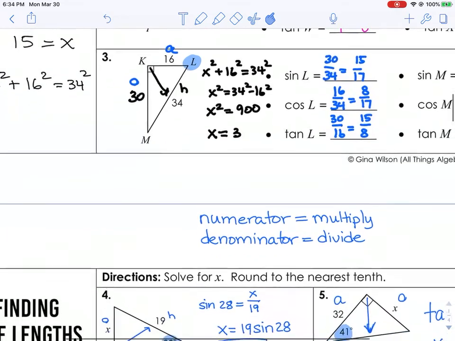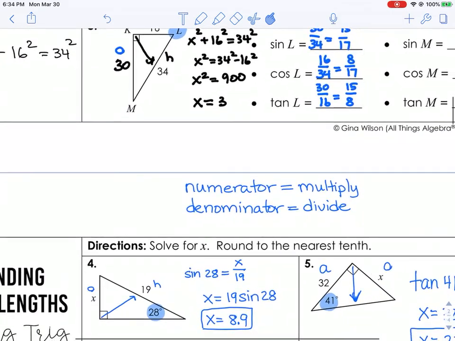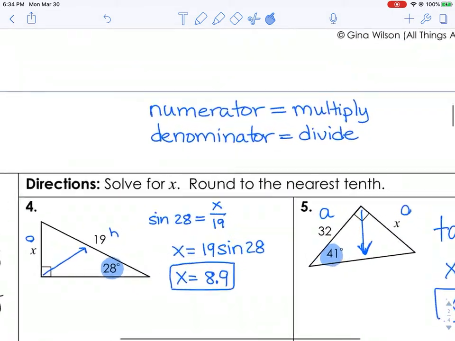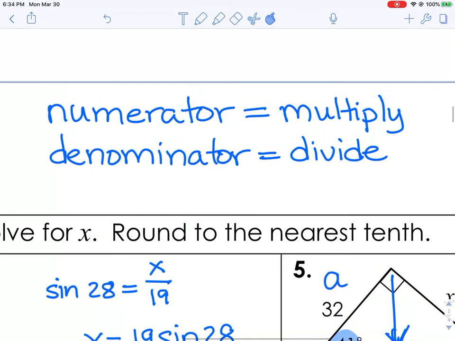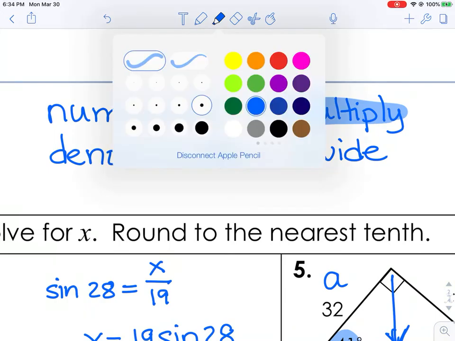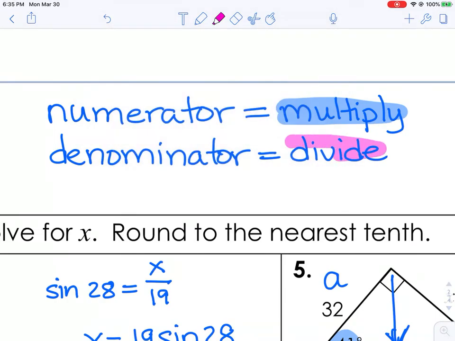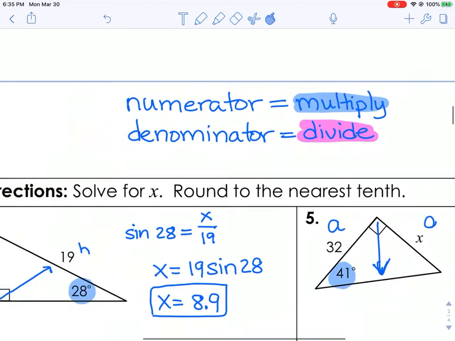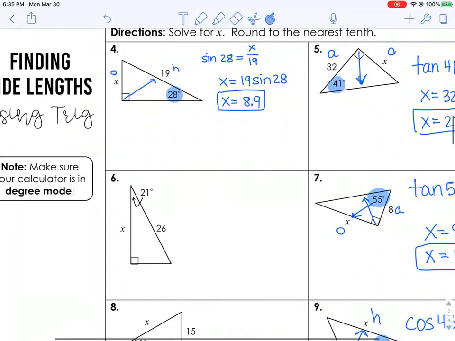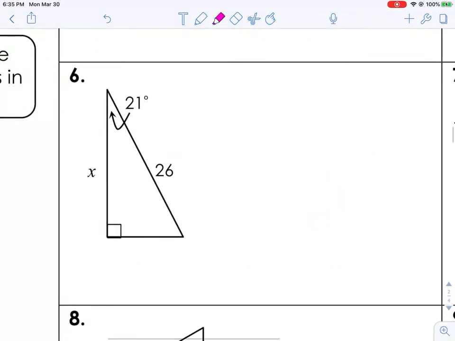Okay, looking at some examples where we're given the angle. If our variable is in the numerator, we multiply. If it's in the denominator, we divide. So let's look at this example. Our angle, mark our parts, hypotenuse and adjacent.